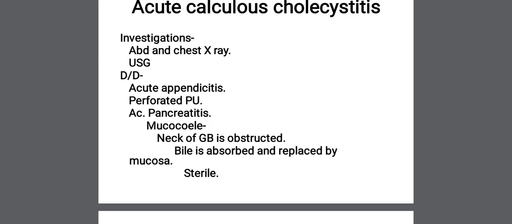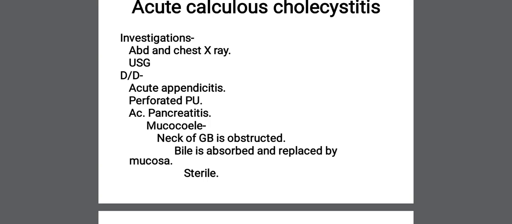So investigation or diagnosis is done by X-ray, through which the radiopaque stones can be seen, and oral cholecystography, which is unreliable during the acute attack, but when you do USG, that is ultrasonography, it will confirm the diagnosis.